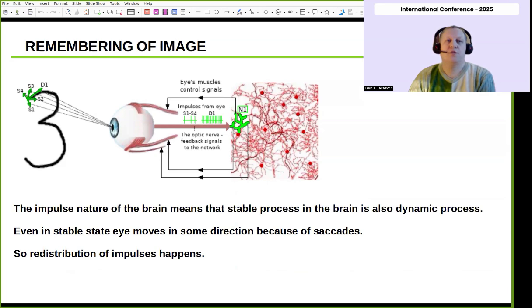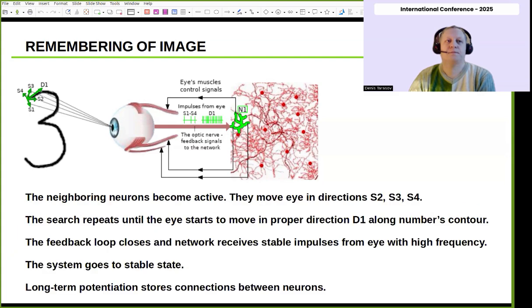The impulse nature of the brain means that a stable process in the brain is also a dynamic process. Even in a stable state, the eye moves in some direction because of saccades. So redistribution of impulses happens, and the neighboring neurons become active.